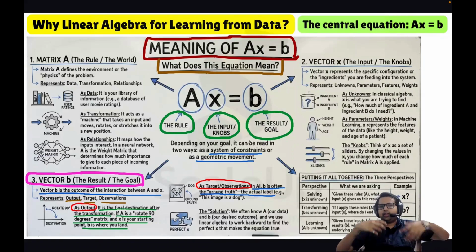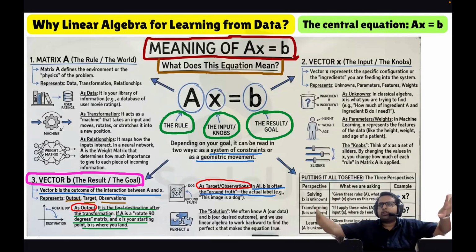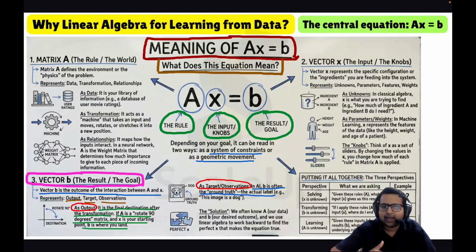Especially in supervised learning, we already have the target variable: for this input, this should be the output. So the known output, the known labels, is what vector b represents, the actual label, the ground truth.